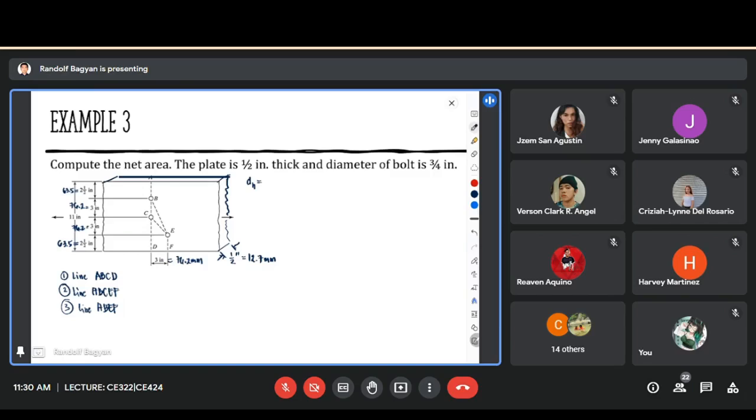Diameter ng hole, anong 3/4 inch ulit natin? 3/4 times 25.4, 19.05, 19 mm na lang. Alright, hole diameter natin, 19 plus 2 mm plus another 2 mm. So that is equal to 23 mm yung hole diameter natin.